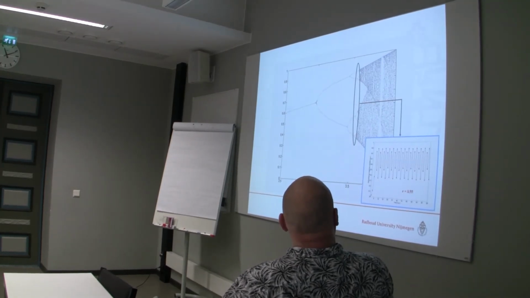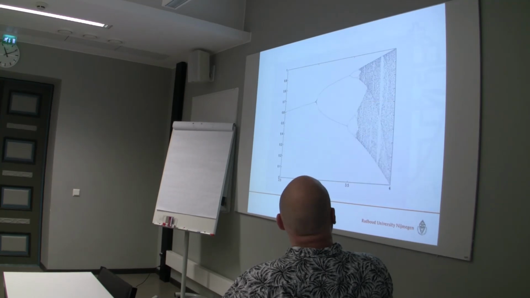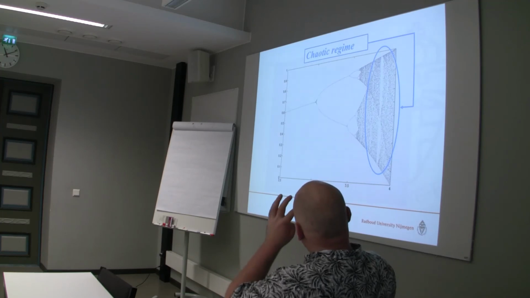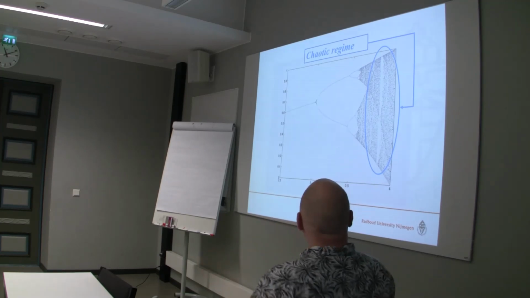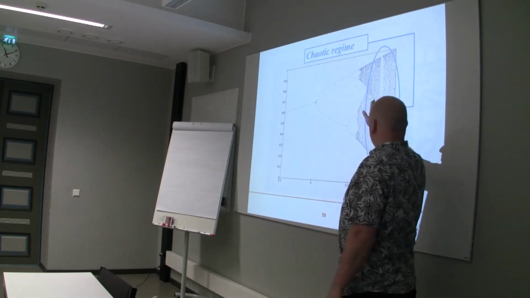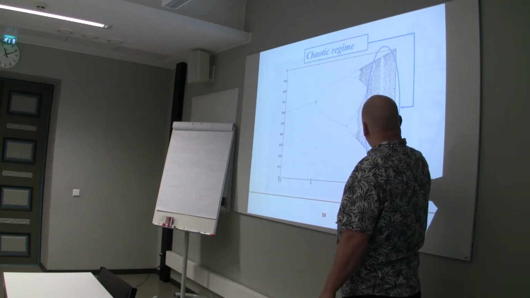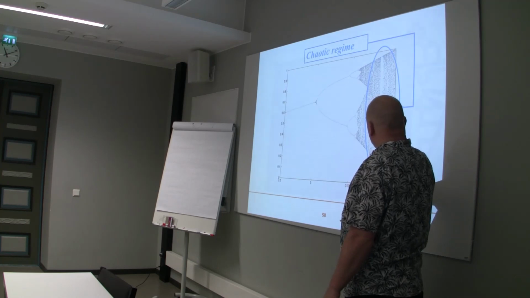Here we have the 4 or 8 point, and this is called the chaotic regime. Actually, not the entire thing is the chaotic regime, because you can see here at some point it pops out again.